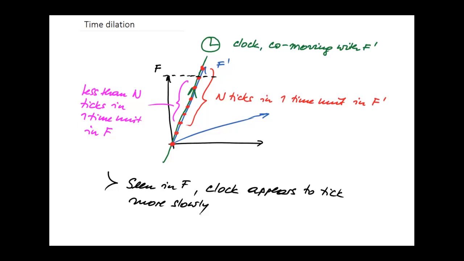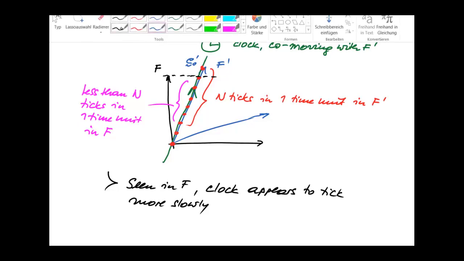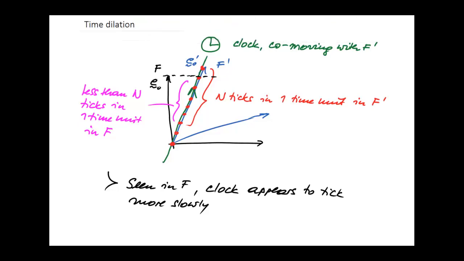Now, observer F primed counts the number of ticks during one time unit. One time unit means going just from the beginning to the end of the time basis vector E naught primed. This here is the basis vector E naught primed, whereas that is the basis vector E naught.